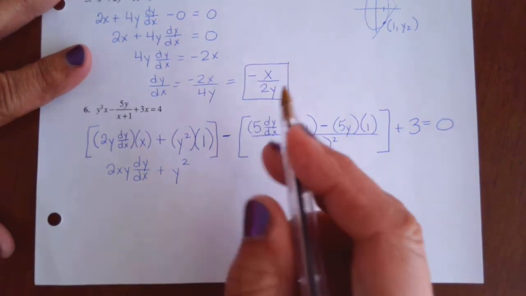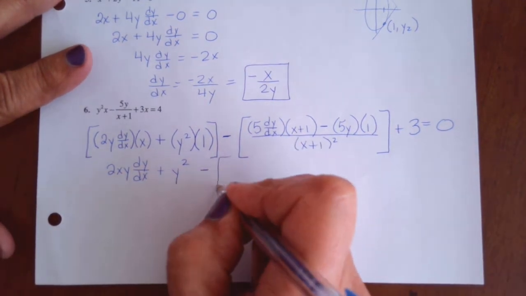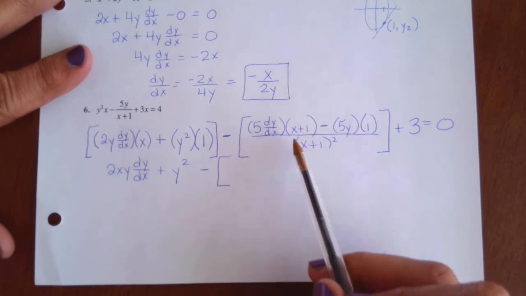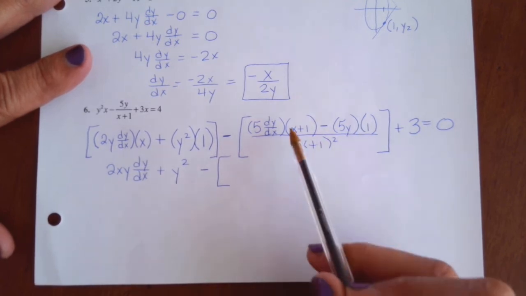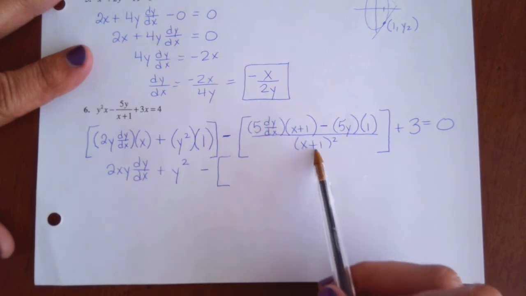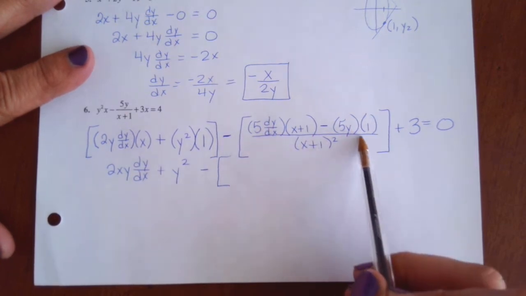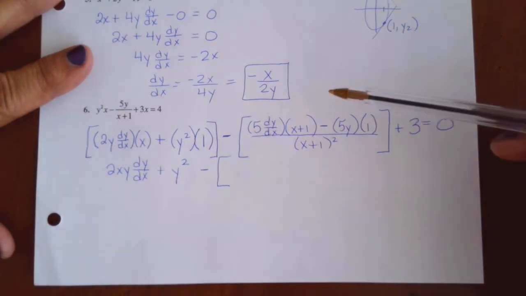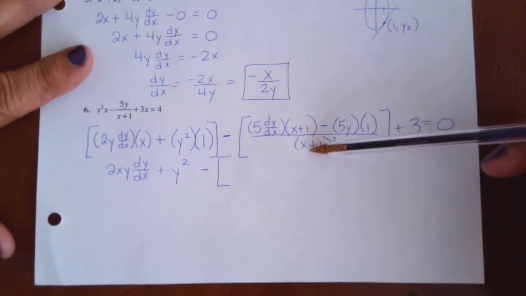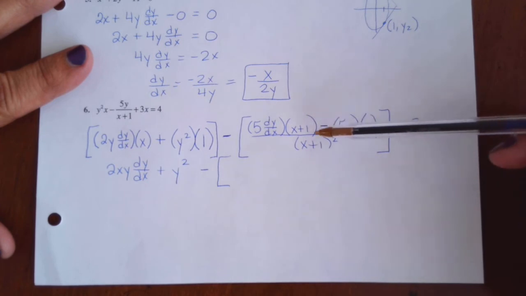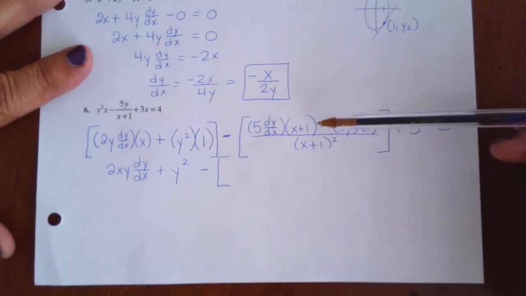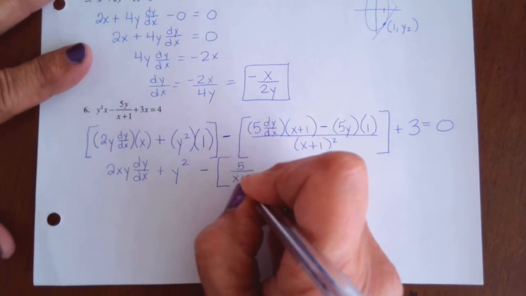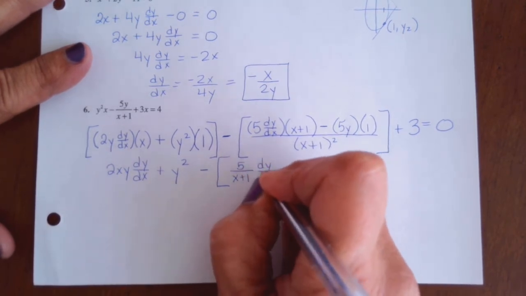All right, again, I'm going to leave that minus sign out there for a minute, and I'm going to clean this up. All right, so what I'm going to do is I'm going to divide. I'm going to break this fraction up. So I'm going to take this term and divide it by that. And then I'm going to take this term and divide it by that. So I'm going to split it up into 2 fractions. So if I do this divided by this, I can cancel that with one of these, right? So that would give me 5 over x plus 1 dy dx.